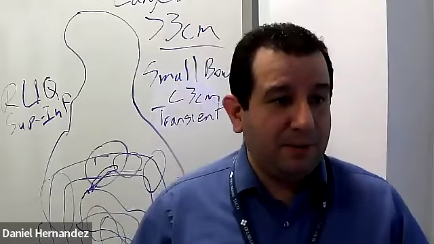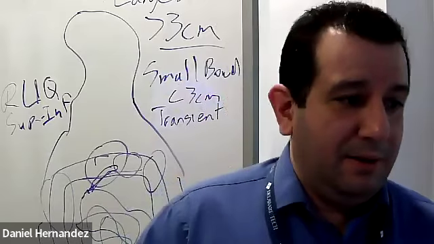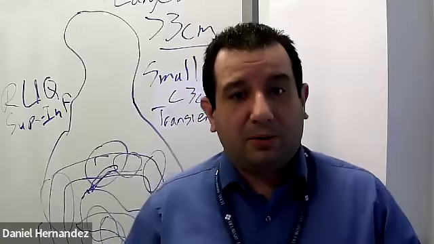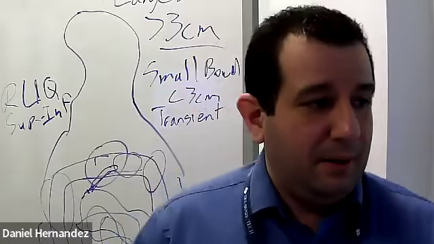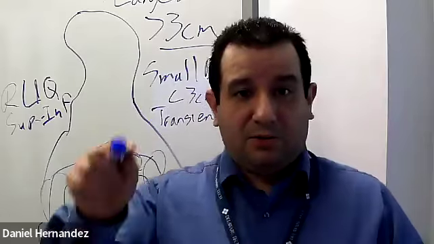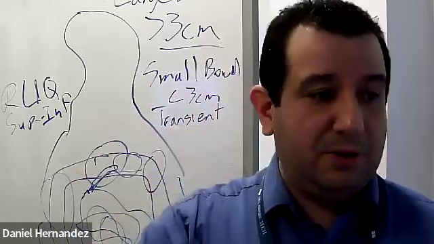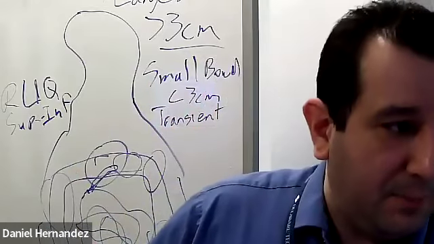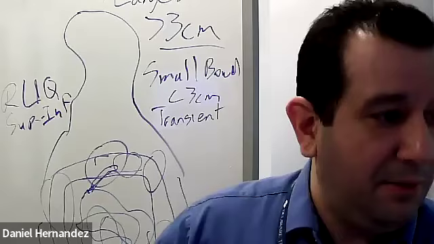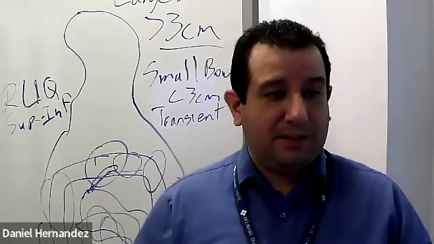So the sonographic appearance of intussusception is known as a target sign or a donut sign. We can see the concentric layers of the bowel, the mucosal layers of the bowel as it's telescoped in on itself. So it creates a very distinctive appearance.